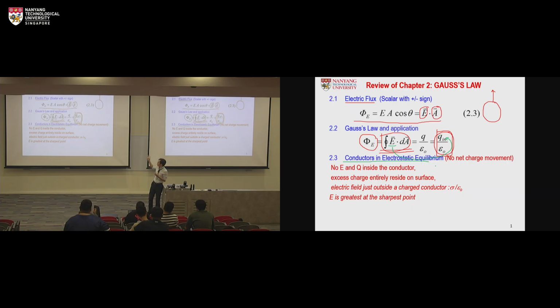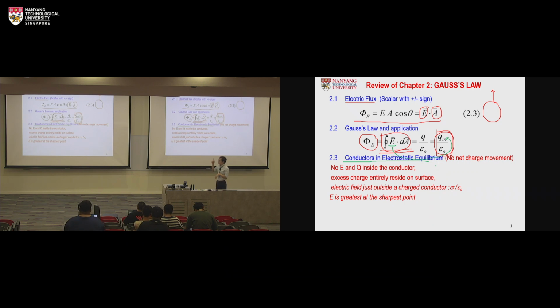But the so-called electrostatic equilibrium is just to say, in total, there is no net charge motion. There is one charge moving in this way, then there is another charge moving in this way. So each charge, if you look at each charge, they are still moving freely, but in total, all this movement cancel each other. This is the so-called electrostatic equilibrium condition.